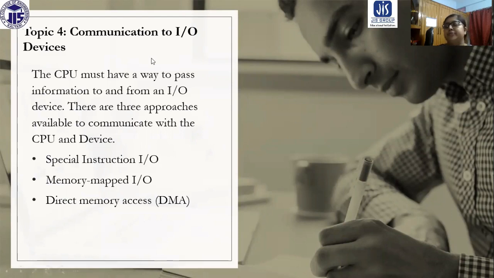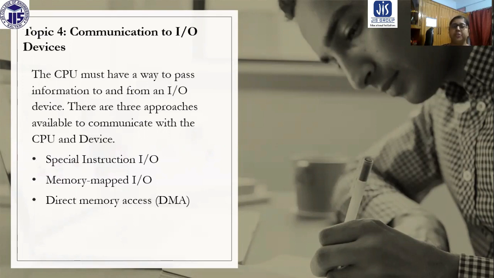Now we are going to discuss the communication to IO devices. Because we need to communicate with the IO devices, the CPU must have a way to pass information to and from an IO device. Whenever the IO requirement is generated, obviously there must be a way to communicate. The processor also wants to communicate with the IO, so there must be a communication path from CPU to IO and from IO to CPU.